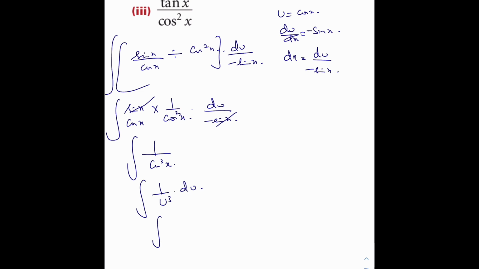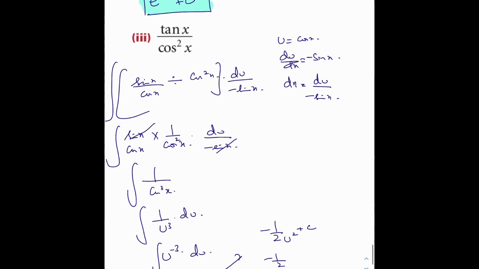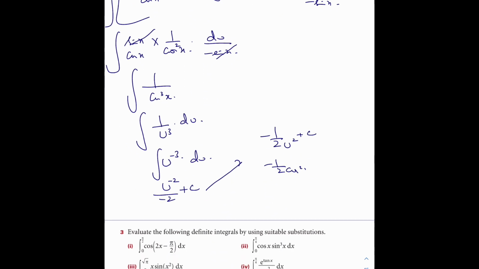If you have to integrate this, I can take it like this. And then I'm going to start with the integration process. u to the power negative 3 plus 1 is negative 2, upon negative 2, plus c. So the answer here is minus 1 upon 2 u square plus c. What was u? It was cos x. So it will be minus 1 upon 2 cos square x plus c. This is the final answer.